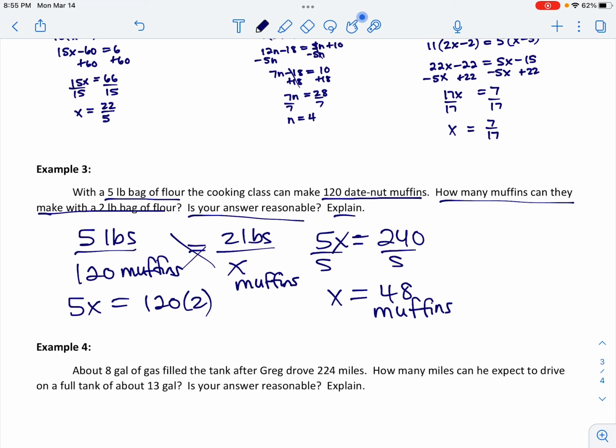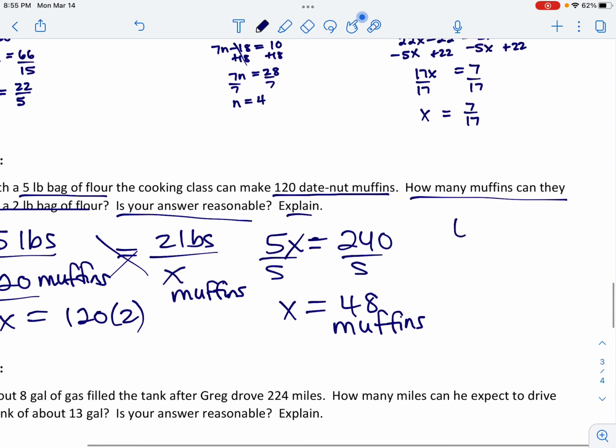So what we need to look at is about how many is half of the muffins. So if we think about it, a 5-pound bag can make 120 muffins. So about half of that would be 60 muffins, right? So half would be 60 muffins, and it only made 48.